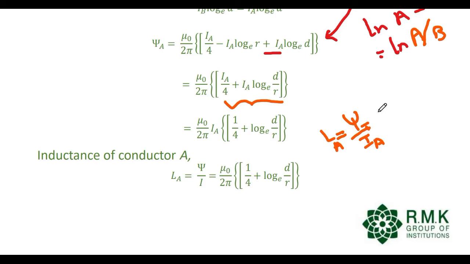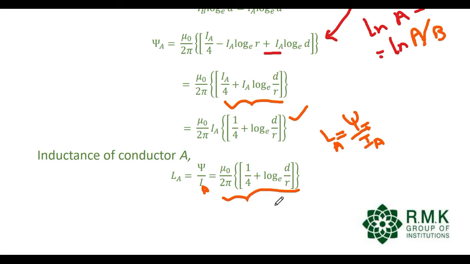Flux linkage due to its own current as well as flux linkage due to the neighbor conductor current, here IB. So the flux linkage due to IA and IB together is the overall flux linkage, divided by IA. If you substitute IA, the numerator IA will get cancelled, so we will get this term.